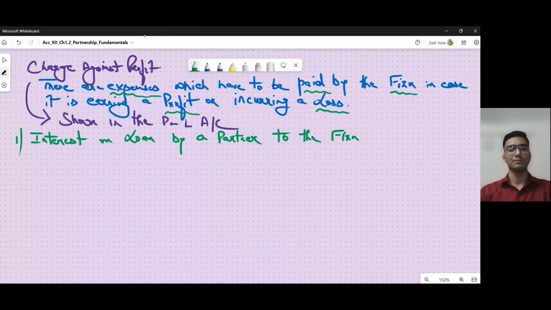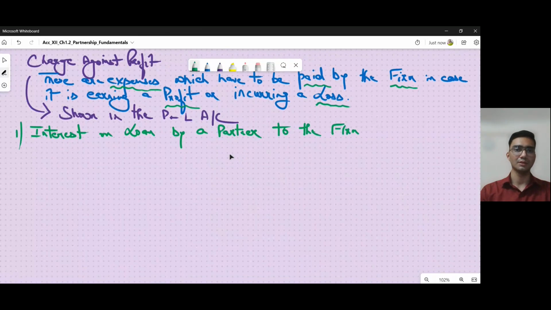Okay, so the first of them is the interest on the loan by the partner to the firm. Think about this. This is going to be an expense. If the partner has given a loan to the firm, the firm is required to pay back that loan amount. But apart from that loan amount, we are also talking about interest on that loan. So that interest, we will see what kind of a nature it is of? It is of an expense nature.